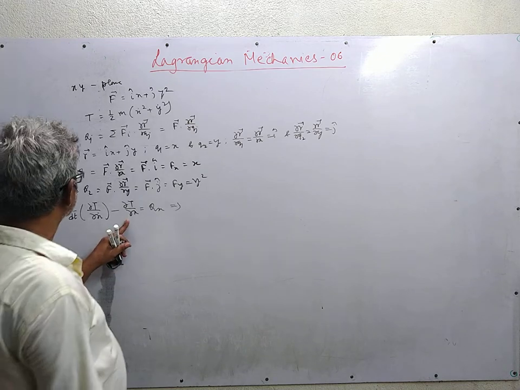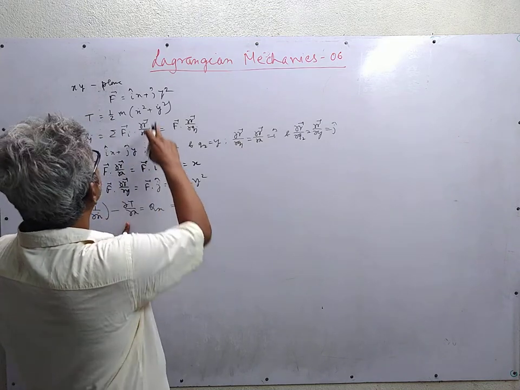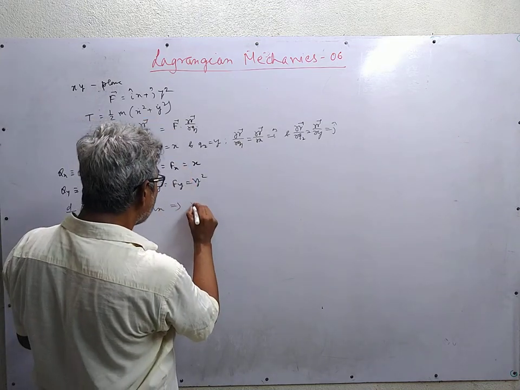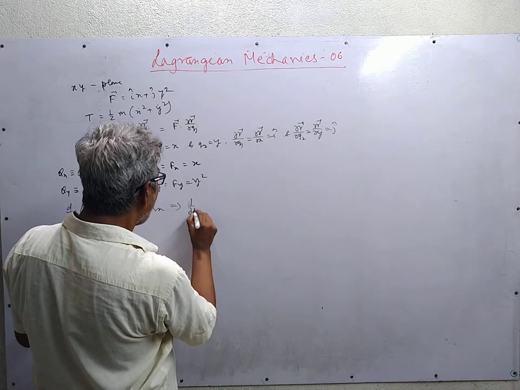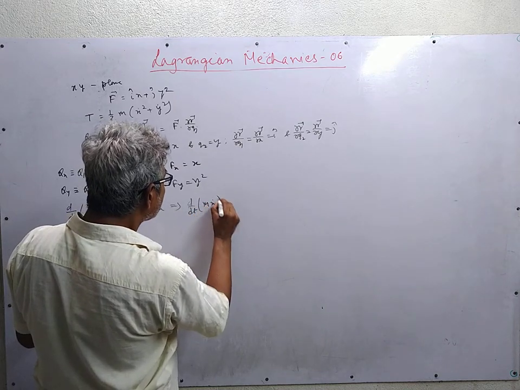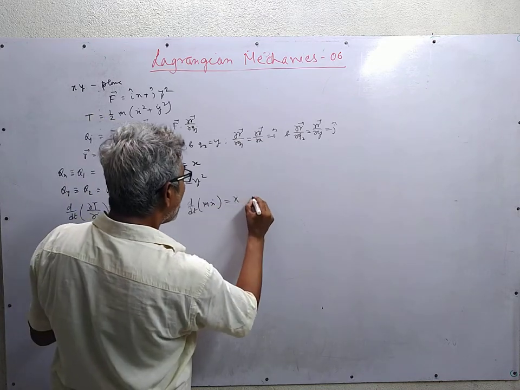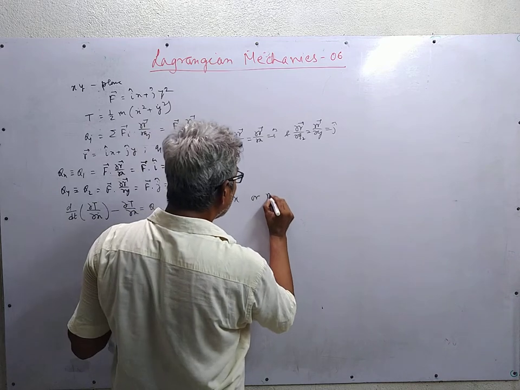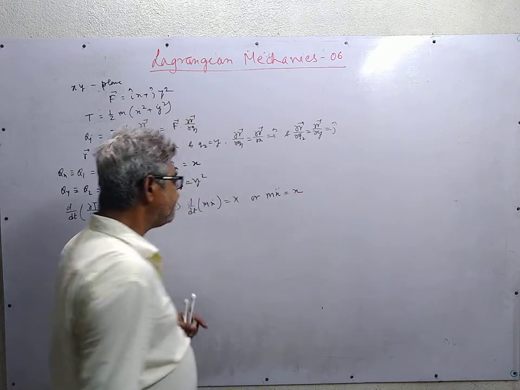coordinates, this part is 0, and we have the kinetic energy as this, so this is d by dt of m x dot is equal to x, or we have m x double dot is equal to x.